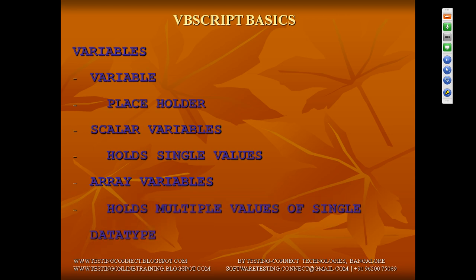In array variables, multiple values of a single data type can be stored. This is what you have to remember. All employee IDs you can store in one variable. All the first names of the students in this class you can store in one array variable, and all first names are strings only, right?